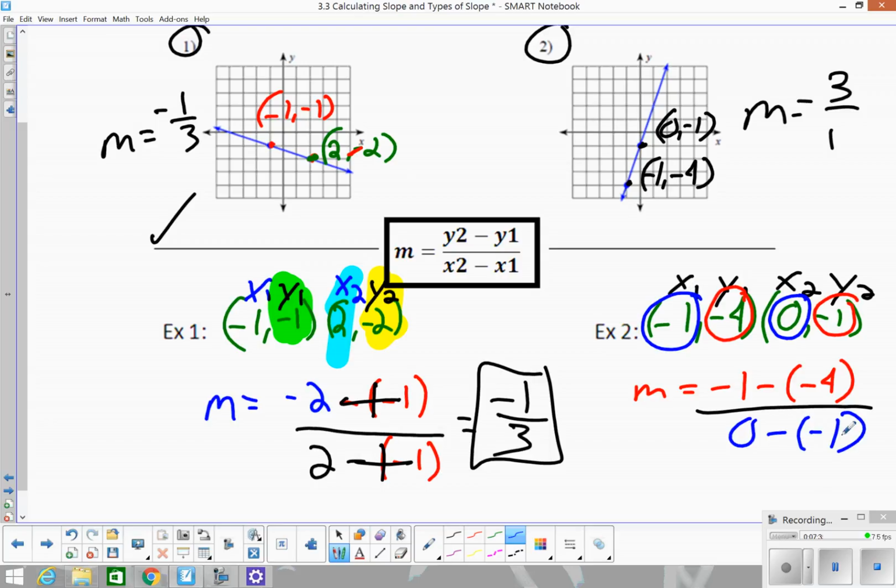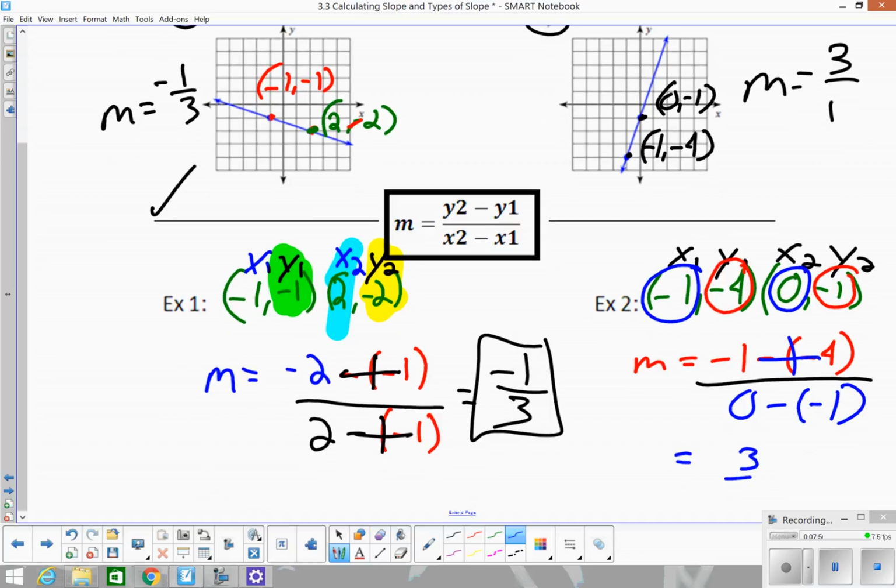negative 1. Good. So now when I go ahead and simplify that, I'm going to have another plus because I have a double negative. So now I have negative 1 plus 4. Negative 1 plus 4 is positive 3. Okay, positive 3. And that's going to be over, I have 0 minus a negative 1.